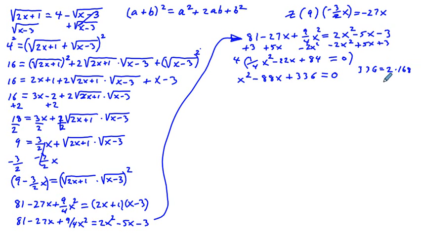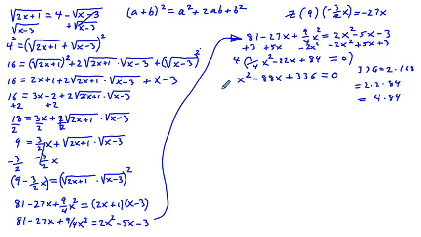And if we factor 168, let me write this down here. We can write this as 2 times 2 times half of 168, which is 84. And then we can combine these 2 times 2. We're going to have 4 times 84 is going to be equal to 336.